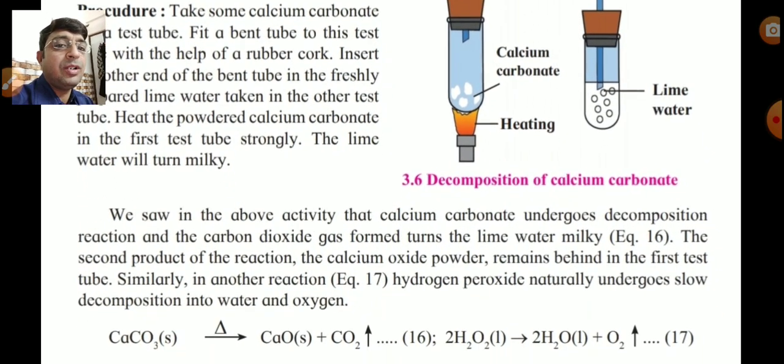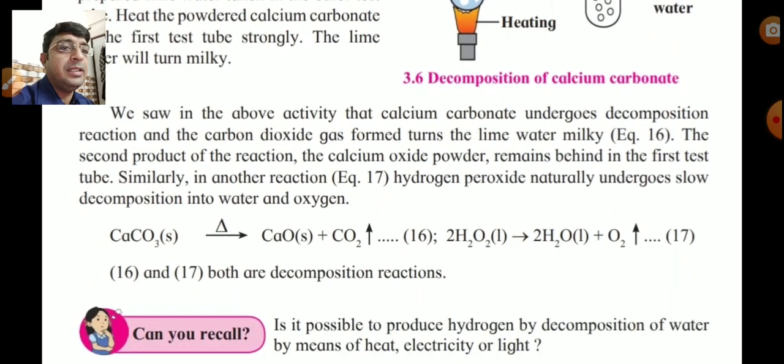Now we saw in the above activity that calcium carbonate undergoes a decomposition reaction, and the carbon dioxide gas formed turns the lime water milky. Turning lime water milky is the test for carbon dioxide.